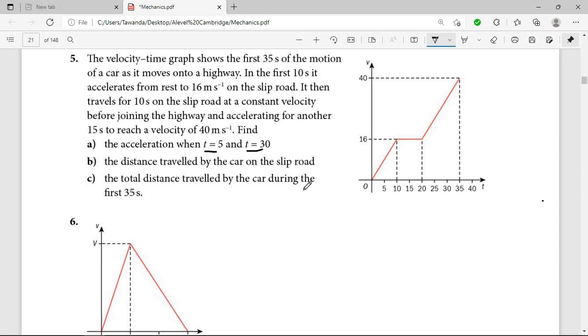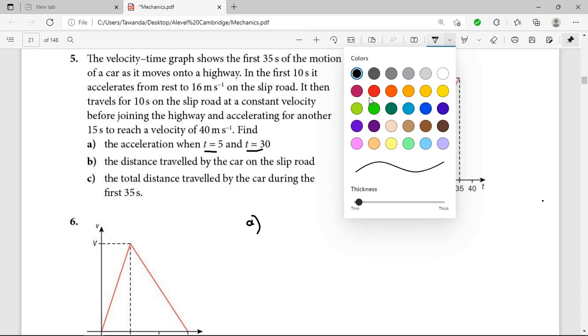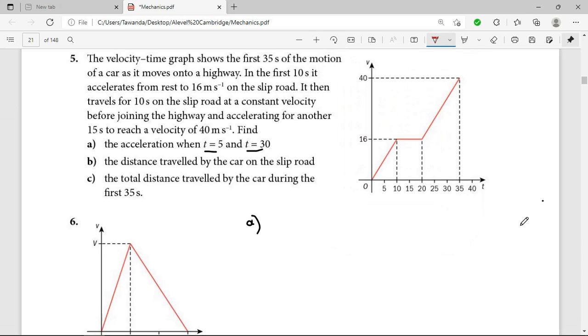So part A, find the acceleration when t is equal to 5 and when t is equal to 30. Like what we have highlighted earlier, the acceleration on a velocity time graph is just the gradient of the line. So the acceleration at 5 seconds is the same as the gradient of this line.